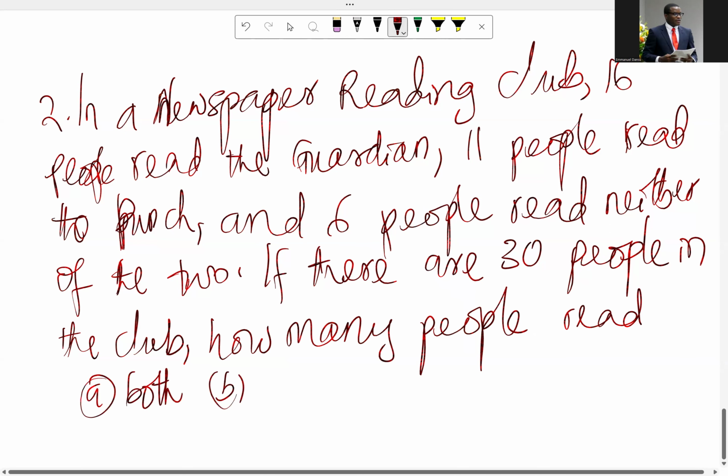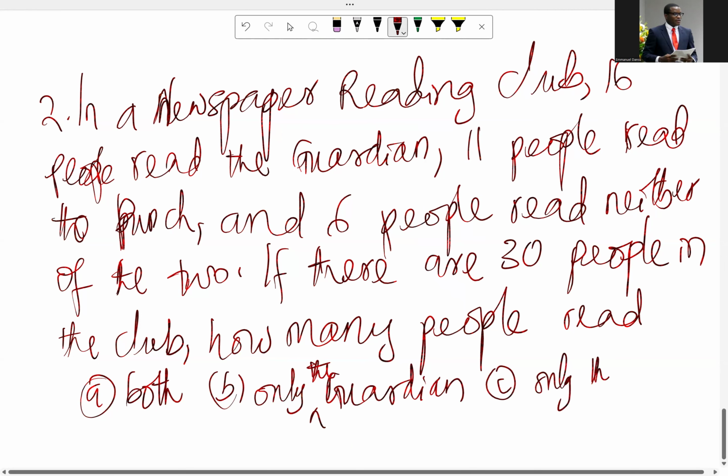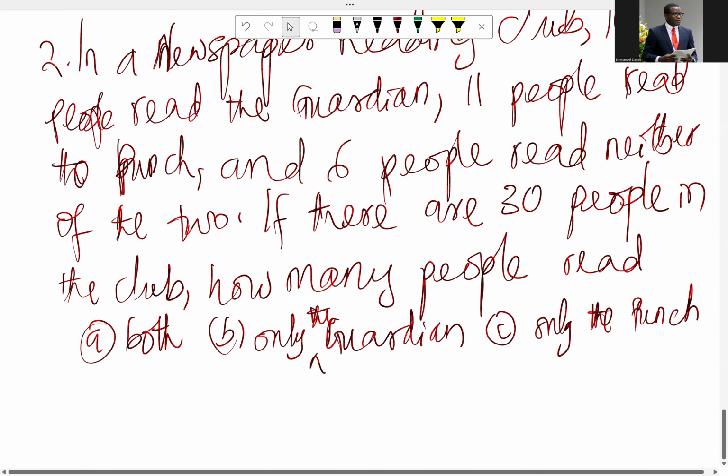How many people read only the Guardian? C, only the Punch. And D, only one newspaper. Okay.